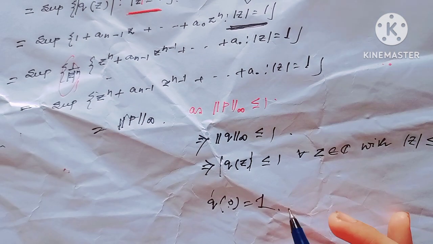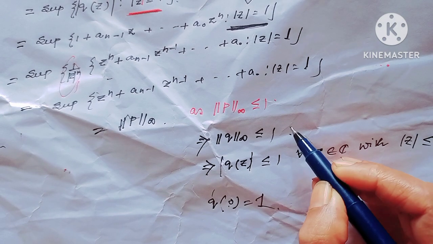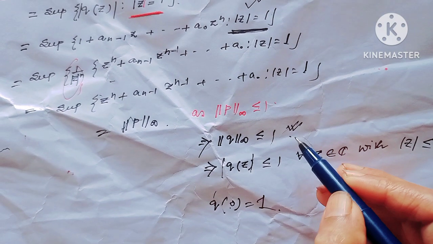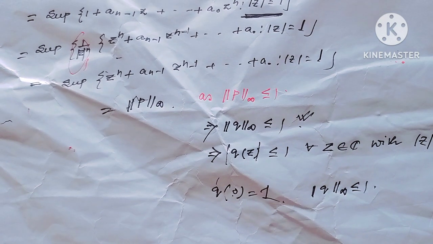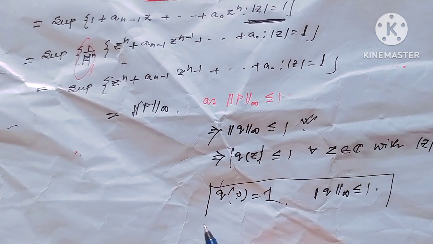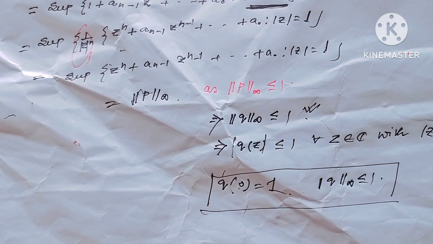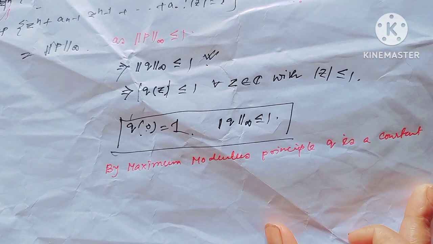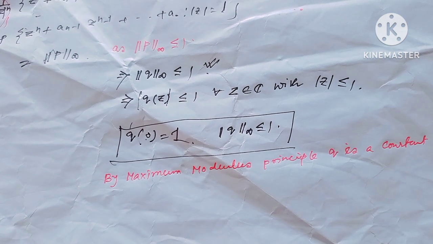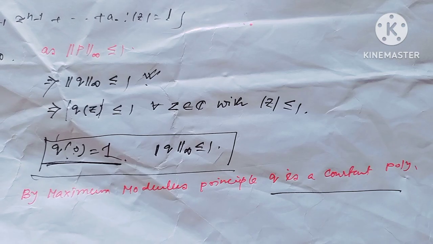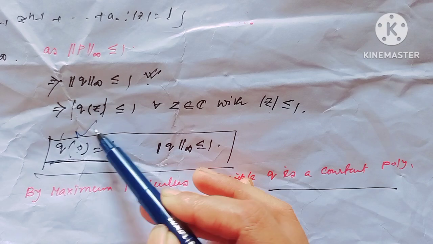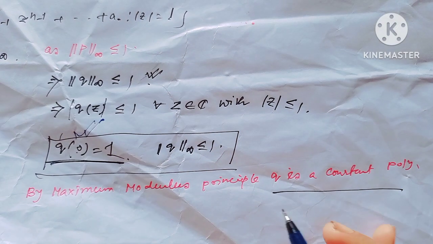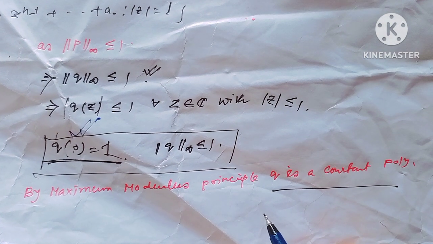Since I have got norm Q infinity, the supremum of |Q(z)|, less than or equal to 1, and also Q(0) equal to 1, by the maximum modulus principle it is implied Q is a constant polynomial. This is constant because its maximum value exists at the point 0, which is an interior point.